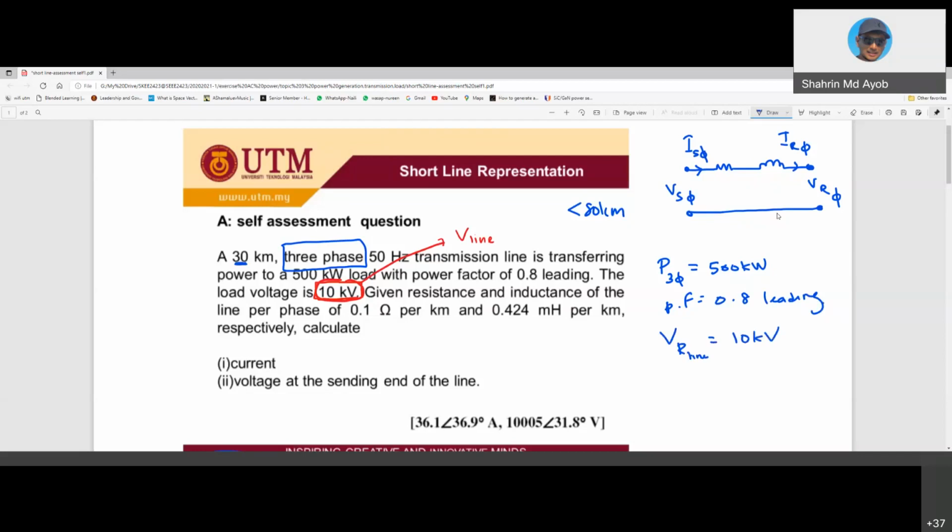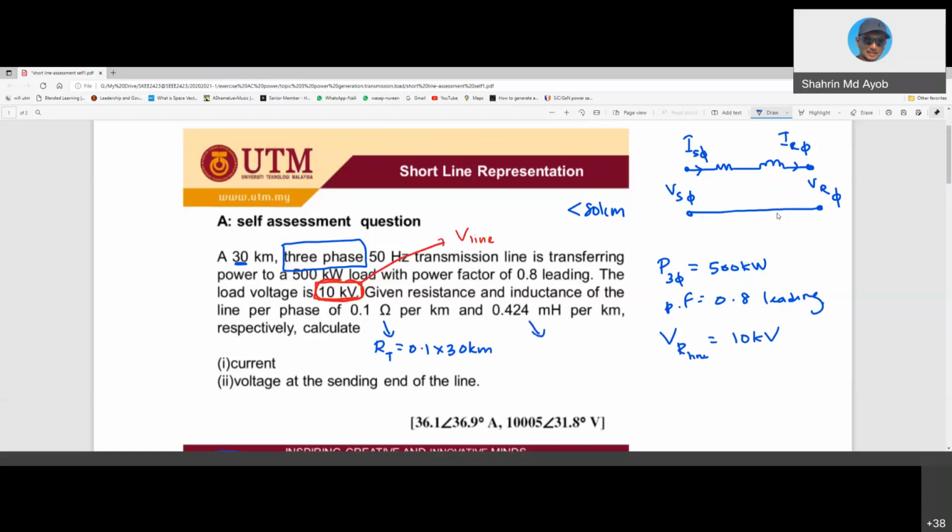The information given is the resistance, 0.1 ohm per kilometer, and the inductance, 0.424 millihenry per kilometer. What you need to do is get R total, which is 0.1 multiplied by the length of the transmission line.